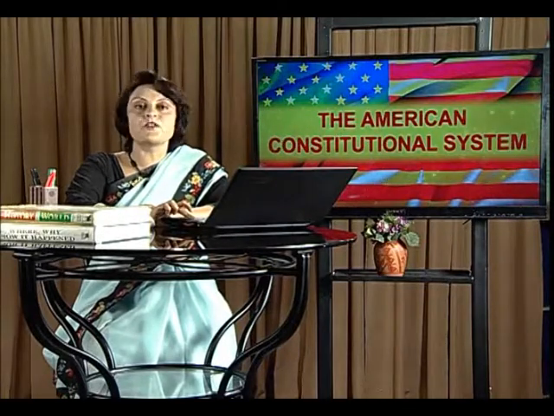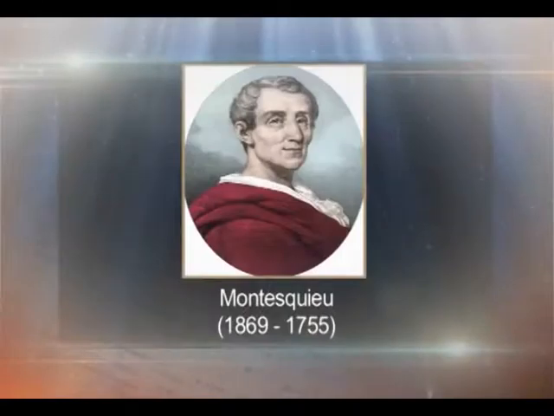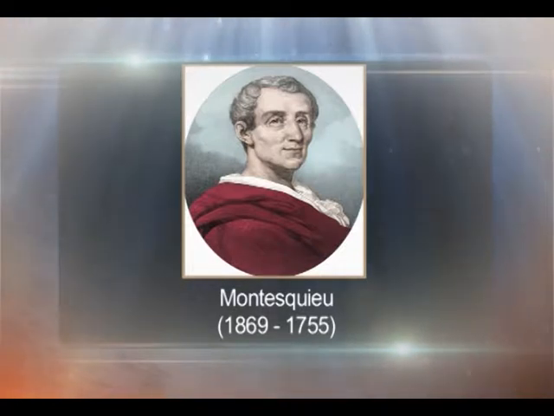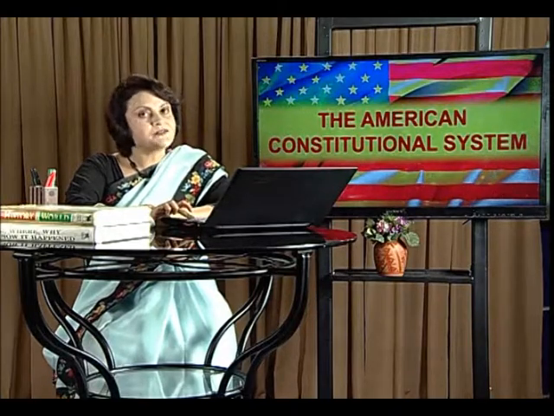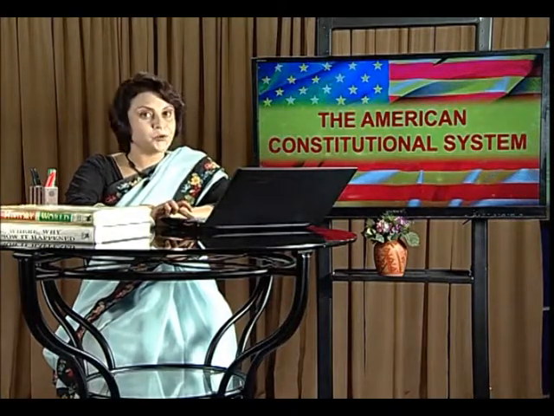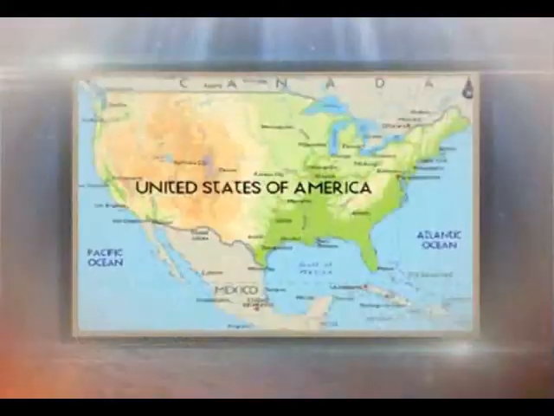The system of separation of powers advocated by Montesquieu is successfully in operation in the USA in combination with the system of checks and balances that we find from the working of the US Constitution. It is worth mentioning in this respect that the judiciary occupies a vital position in the American system.